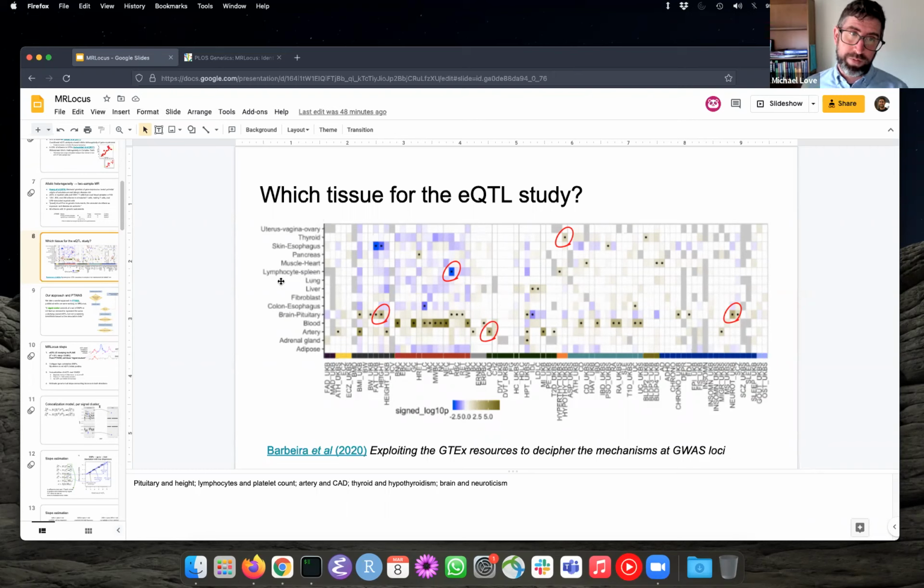Here we have lymphocytes and spleen, or brain and pituitary. I think this is a good screening approach, and they've already done it. If you're using GTEx as a panel, you can see where things light up, what tissue is lighting up. But I don't have a better method than this.